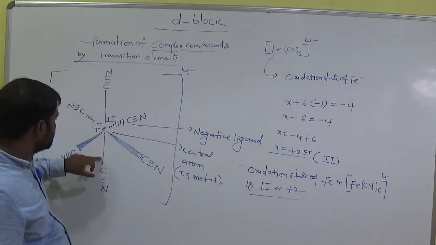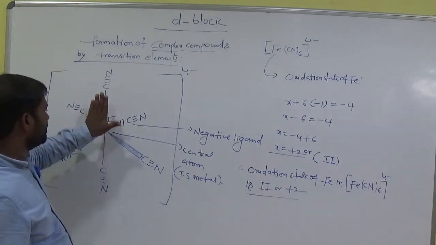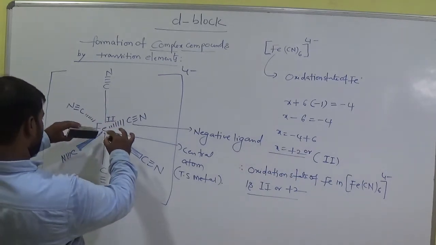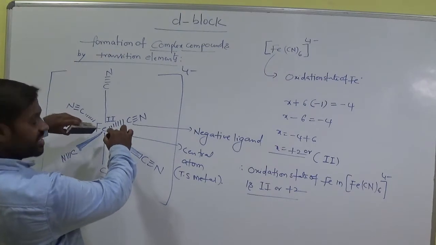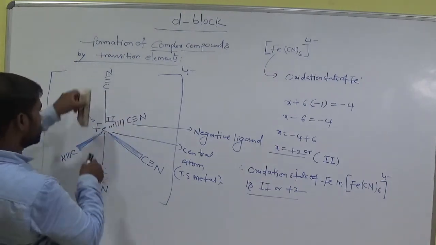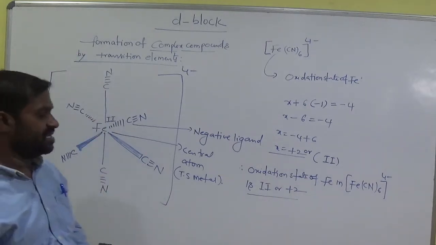Now these two are exactly on the board, on the paper. Suppose these two ligands from the central atom like this, these two are towards the back, these two are exactly on the board. Okay, clear? This is three-dimensional representation. Okay.